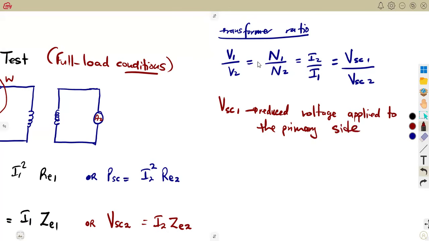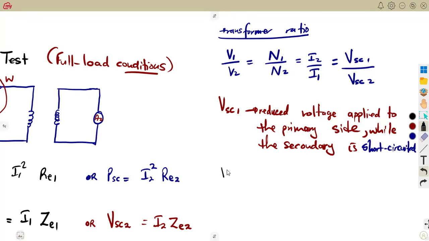It is applied to the primary side while the secondary is short-circuited. So this is the condition that we are talking about.